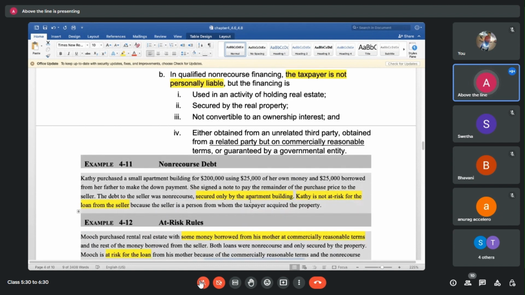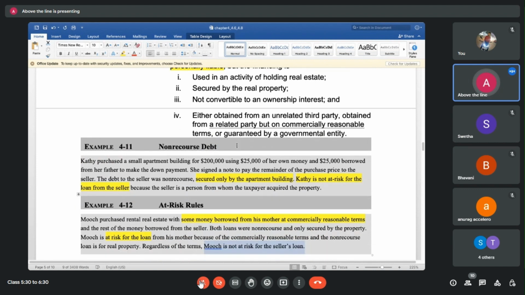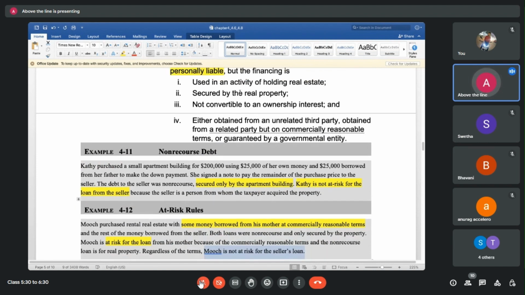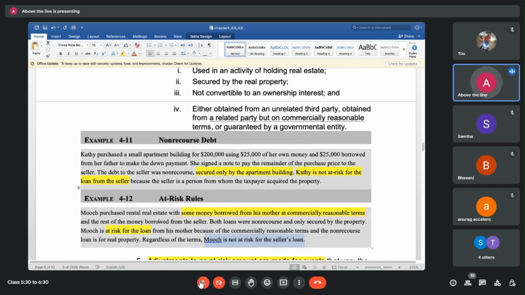But what they're saying is, even if it's a qualified non-recourse financing, there are certain points that they have given here. If it's taken from a related party on commercially reasonable terms, then again the person will be at risk for the loan.